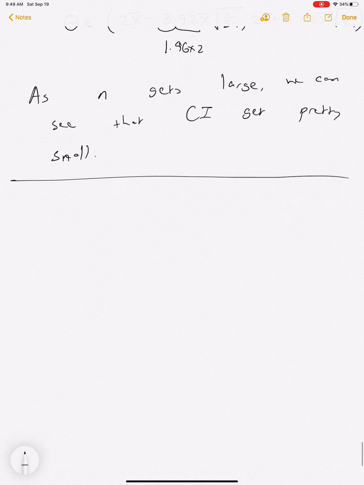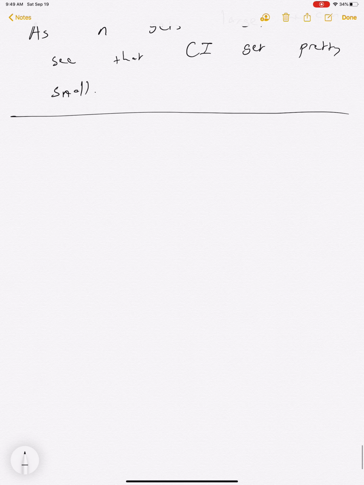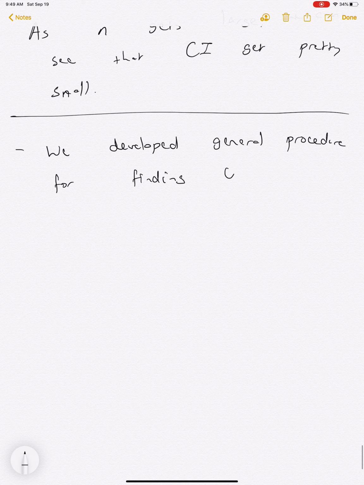So just to summarize what we've done, this is a reasonably big topic, which is the procedure for finding method of moments estimates. So we developed a general procedure for finding the method of moments estimate, and this is for one or more parameters.